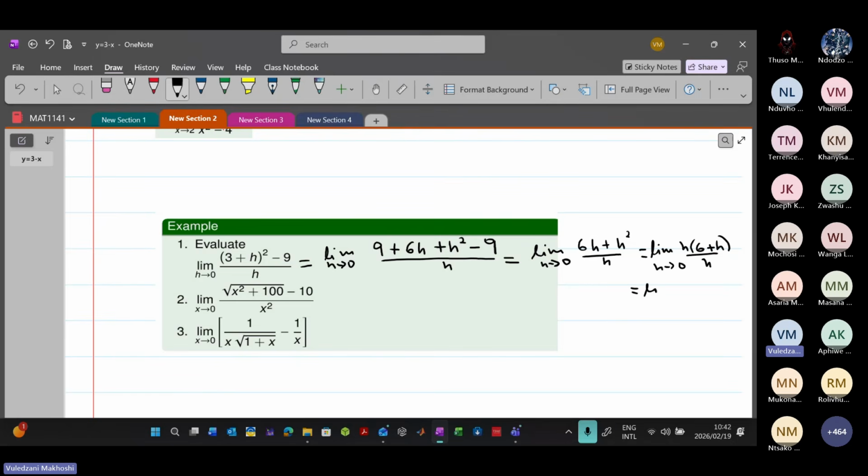This is just the limit of 6 plus h when h is approaching 0, and when we substitute the 0, we get a 6.